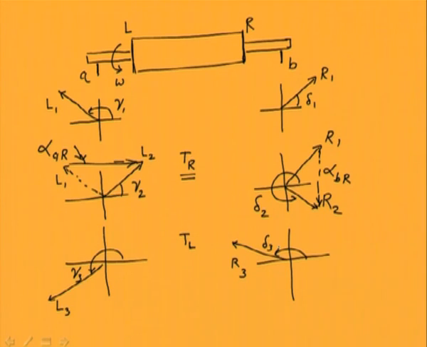Now we again take the first response. This will be the effect of the trial unbalance we have kept in the left plane.